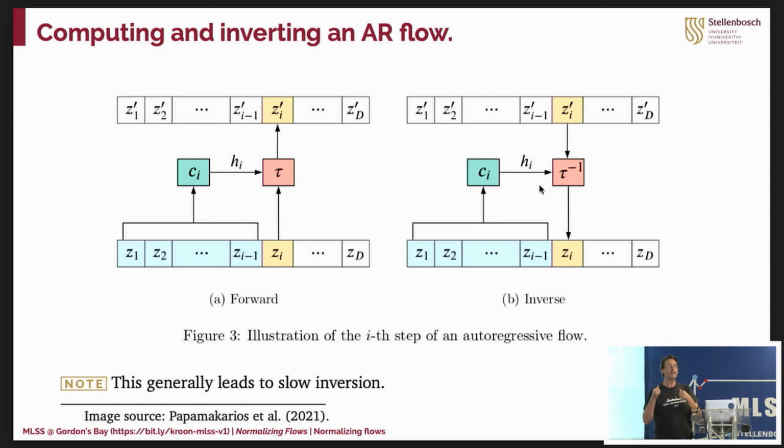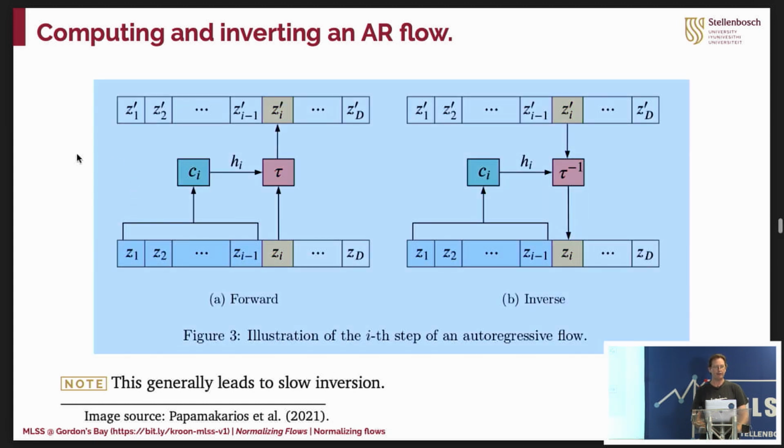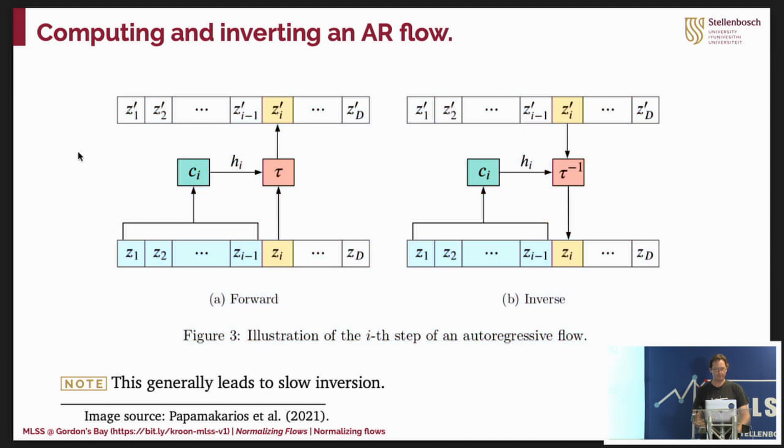Okay. Another trick you can use is you can simply say that I'm going to let this tau, instead of depending on the previous components of the z's, depend on the previously computed outputs. So in other words, Ci is going to take these values at the top.